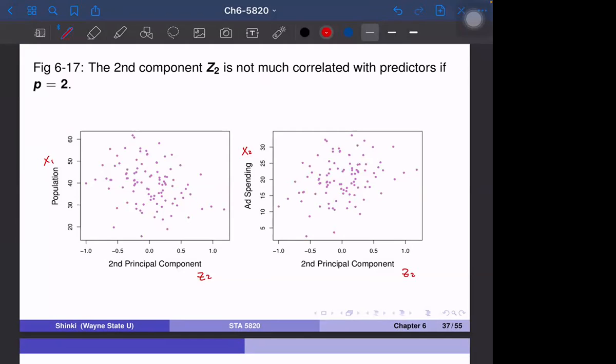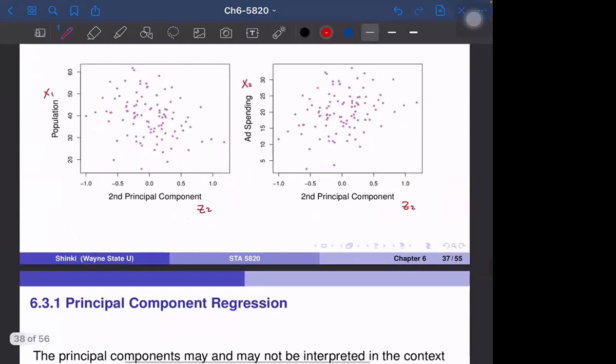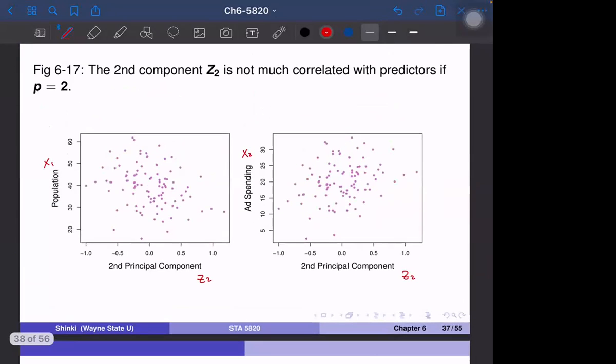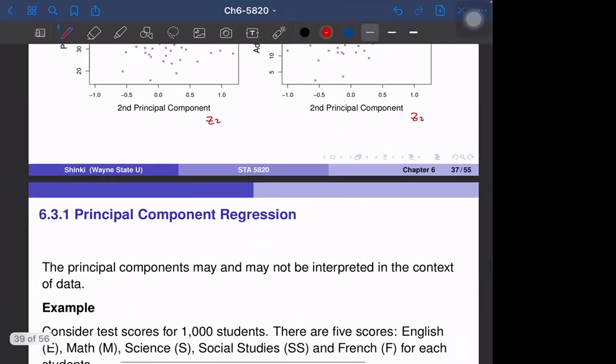So Z1 has the most important information, and Z2 has only a small amount. In this case, we can probably ignore Z2 and only use Z1 to explain the response variable Y.